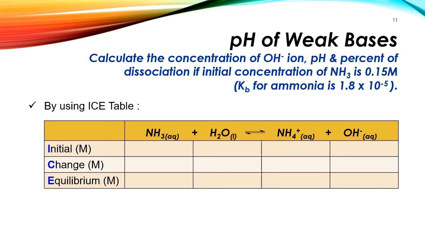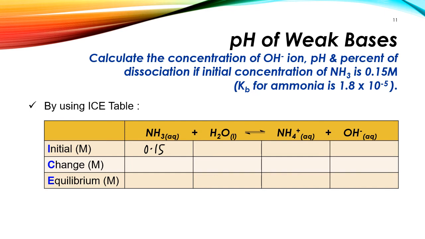So now we can use the ICE table to determine the equilibrium concentration. The initial concentration of the ammonia is 0.15 molar. The dissociation of ammonia in water will give ammonium ion NH4 plus and hydroxide ion OH minus.